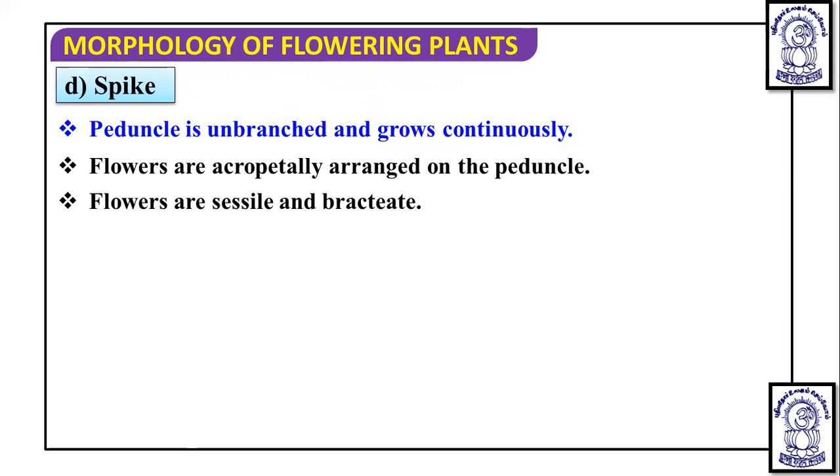Now, bracteate flower means a bract, a small leaf-like structure, is present at the base of the flower. So if bract is present, then it is known as a bracteate flower. But the flowers are sessile. Sessile means the stalk of the flower is absent.